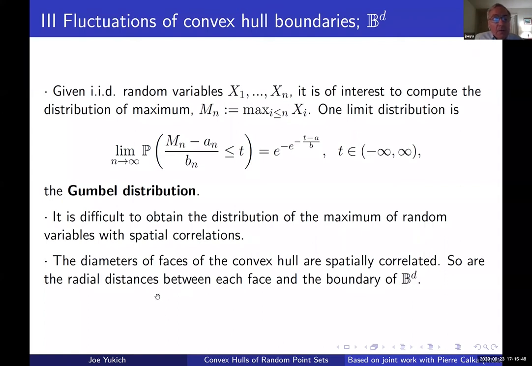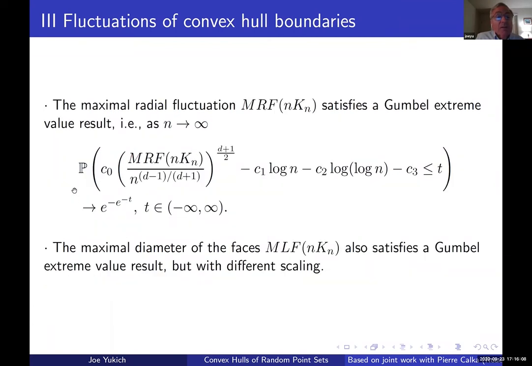Nonetheless, it turns out that the maximum of these radial distances satisfies a Gumbel distribution, and so does the maximum of the diameters of the faces. And that's what the next result says.